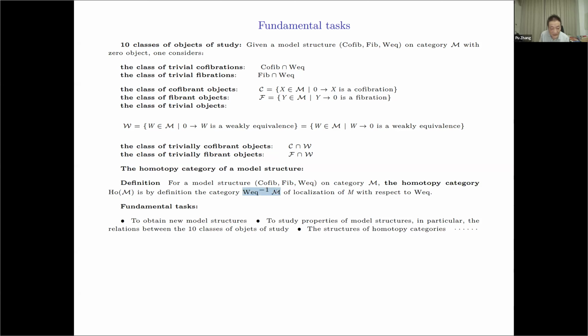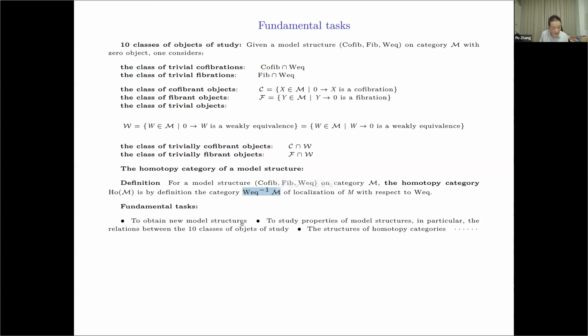As you know, from the classical theory by Gabriel and Zisman, for every category and every class of morphisms, this localization of the category always exists and is unique.